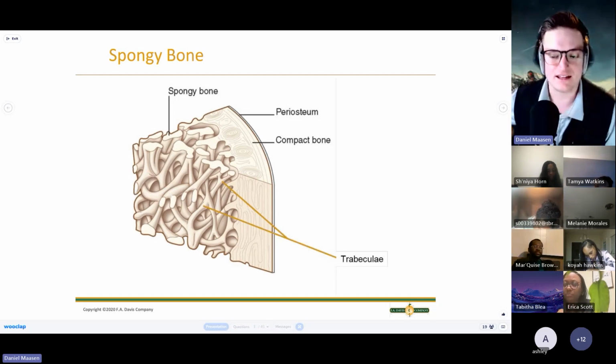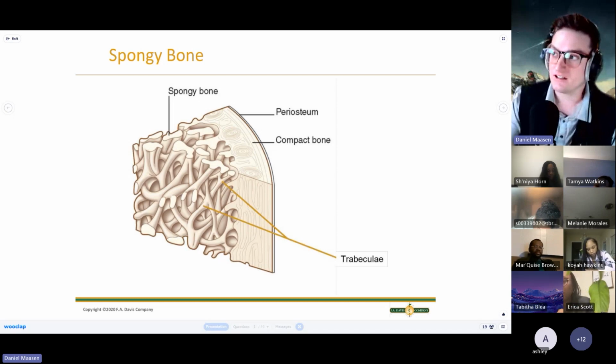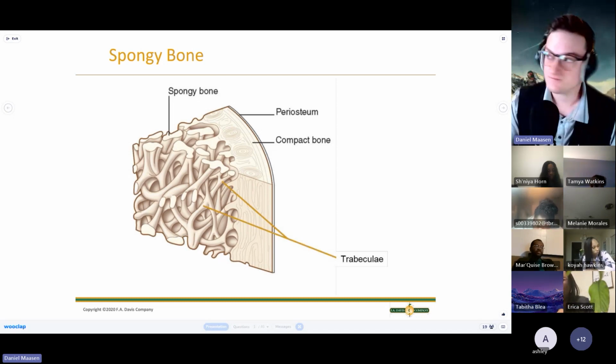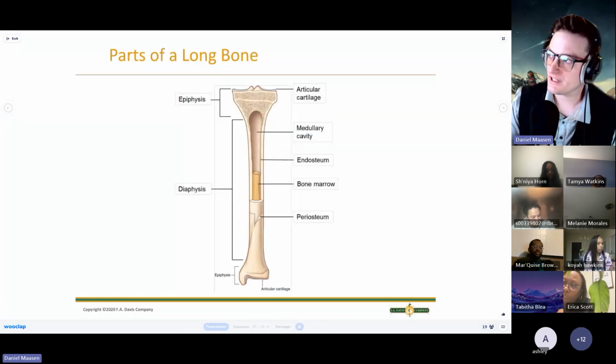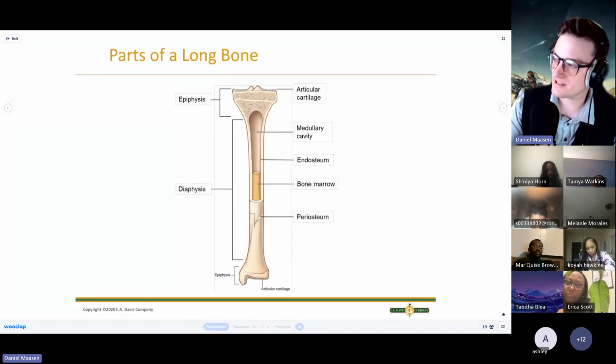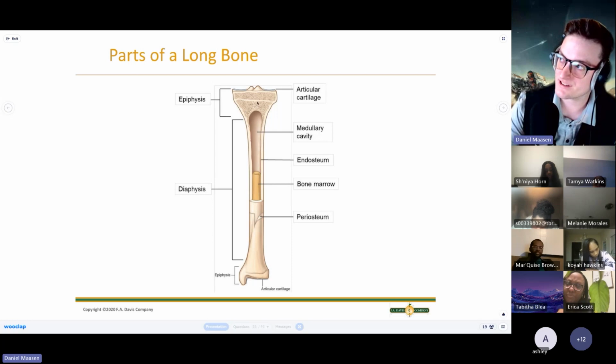Going back to the anatomy of the long bone, you can see here on this picture of that tibia that when it cuts away here, this is a frontal section of this. It's cut out frontally here to show us the medullary cavity, but you can see in here, this all looks like a sponge, right?